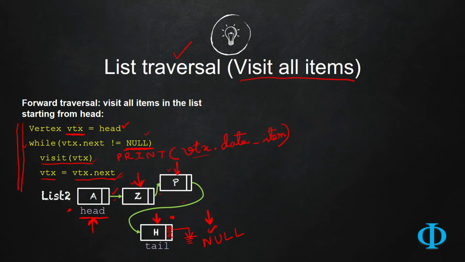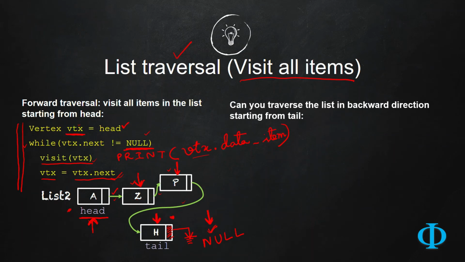So now the question is, can you traverse the list in the backward direction? Well, the short answer is no, you cannot. Let me just remove this print line so that you can easily see.